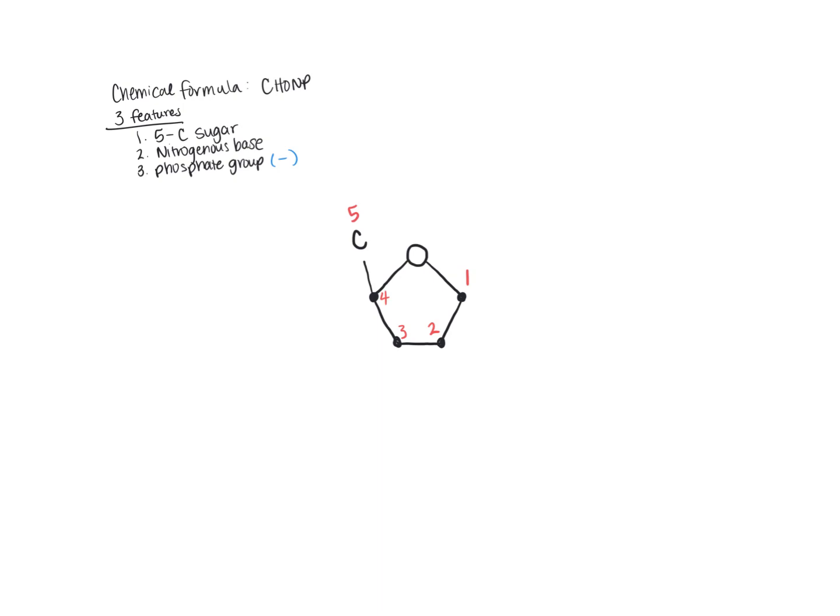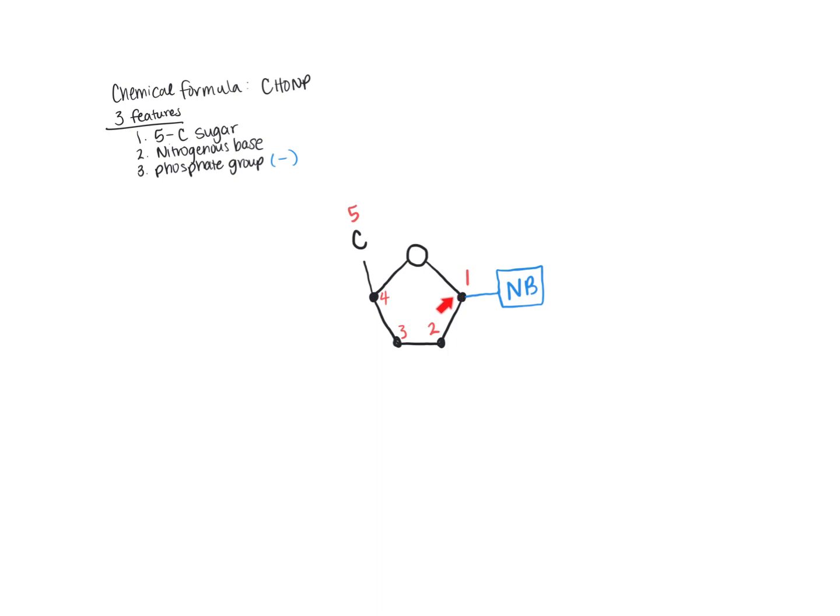Now that we have the carbons labeled, I can point out some important features of this 5-carbon sugar. Let's start with carbon number 1. At carbon number 1, you're going to find the nitrogenous base we mentioned in the structure of the nucleotide. So I'm going to very generically label it as nitrogenous base. You can see here there's a bond that attaches it to carbon number 1.